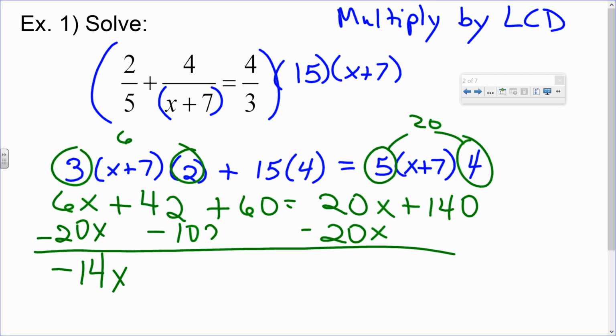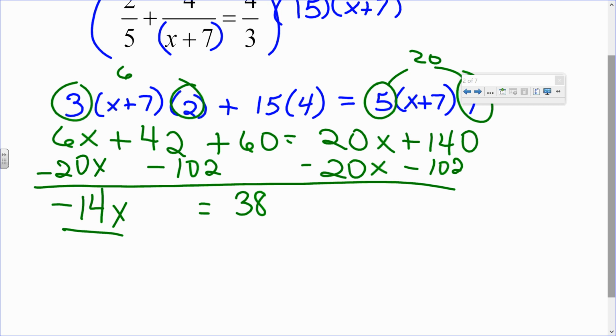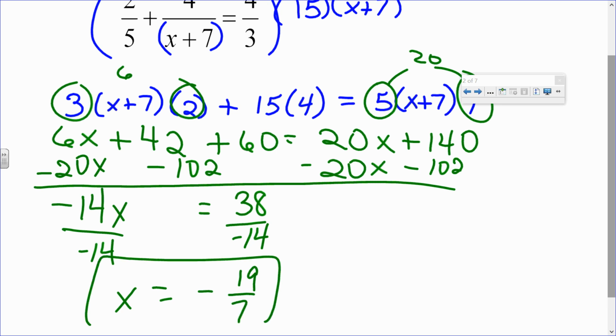And if I subtract 102 on both sides, I have 38. Divide both sides by negative 14, and I got the same thing that you did, reduce, negative 19 over 7. So good job. Anybody with questions on that one?